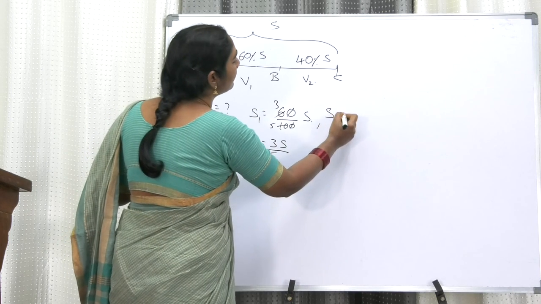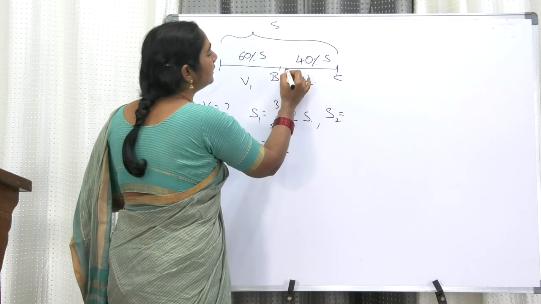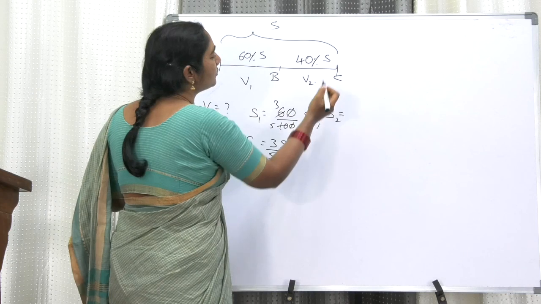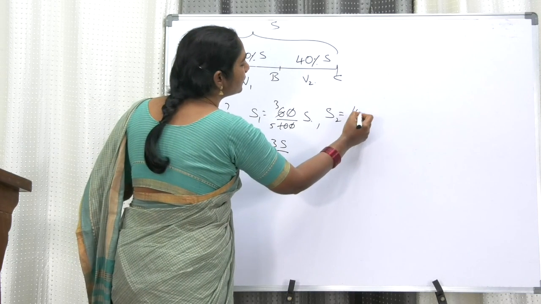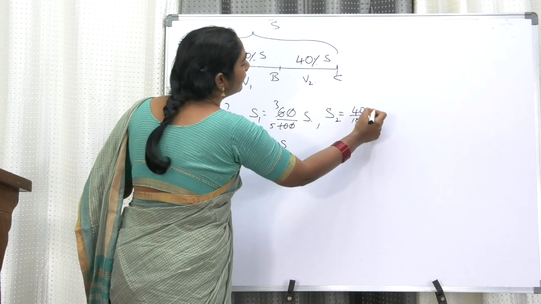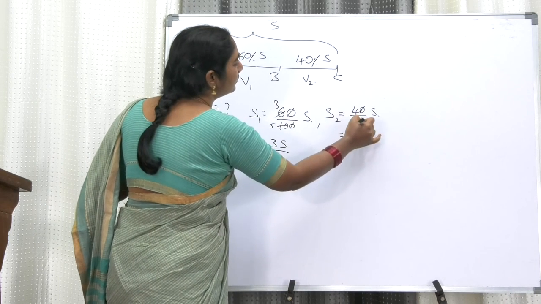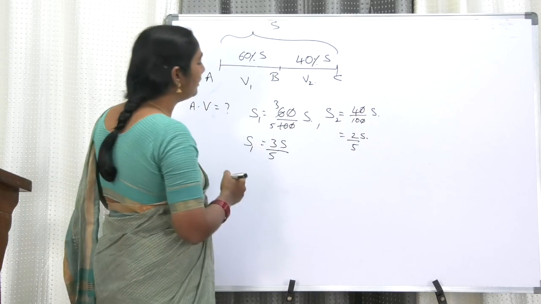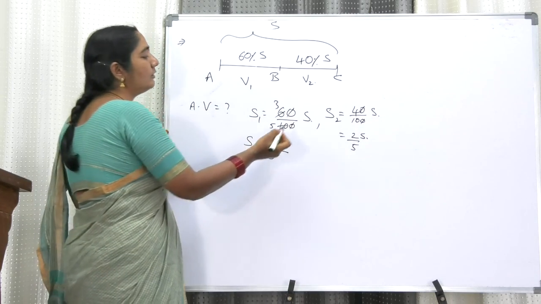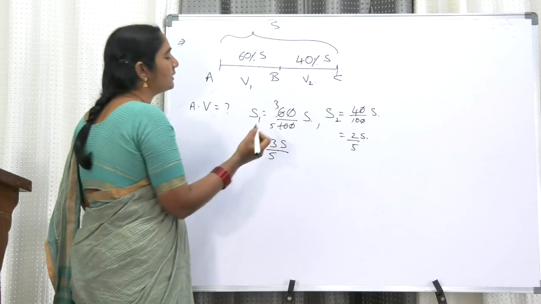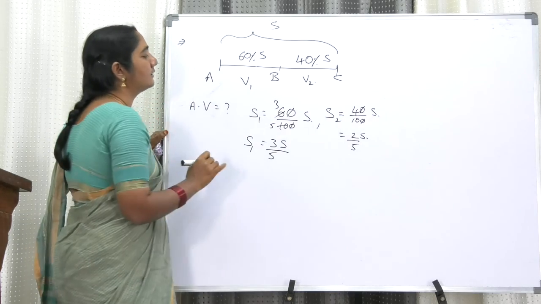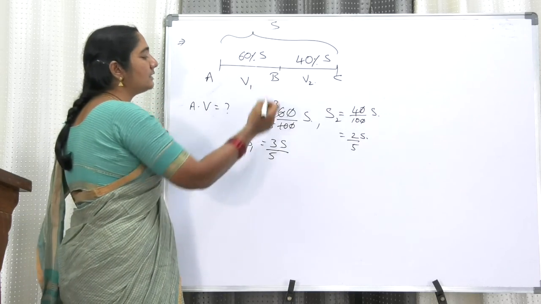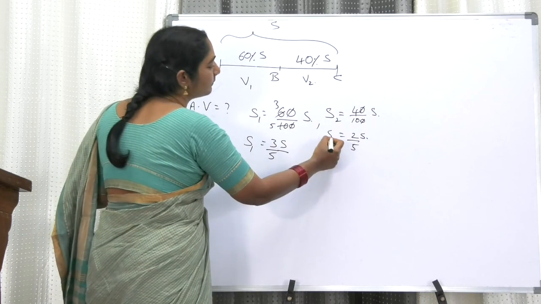Similarly, S2, the second distance from B to C, is equal to 40%, 40 by 100, so 2 by 5 S. Now you got S1 and S2 in terms of S, where S is the total distance. So whenever the percentage is given, you can just find it like this.